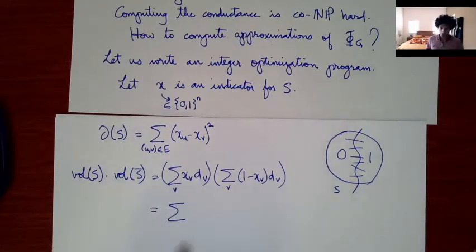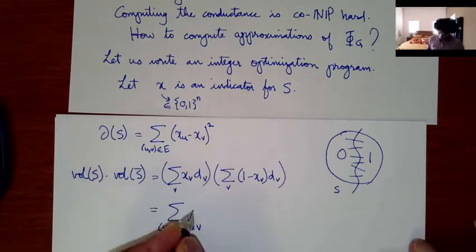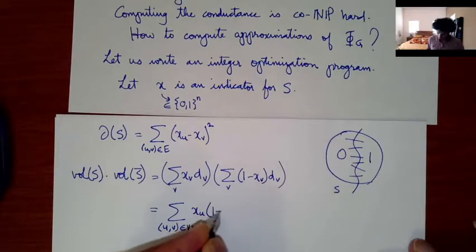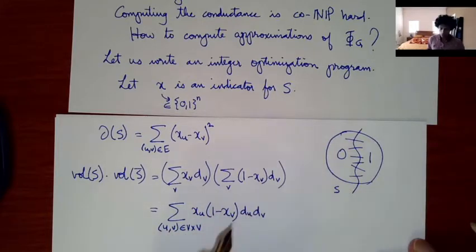Let me expand this out a bit. Looking at the product, I can look at all uv in V cross V, so they're not edges, but just all pairs. I get xu times (1 minus xv) du dv.